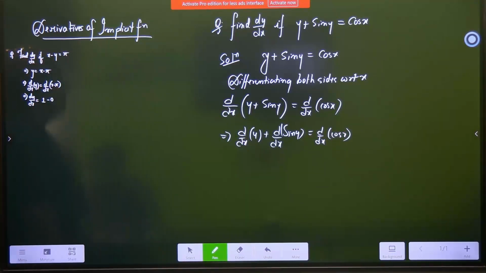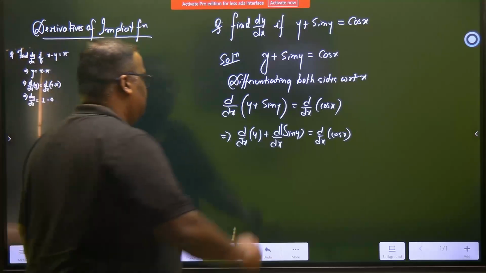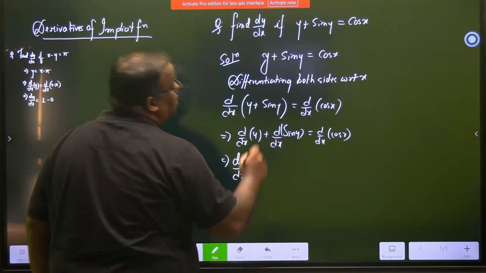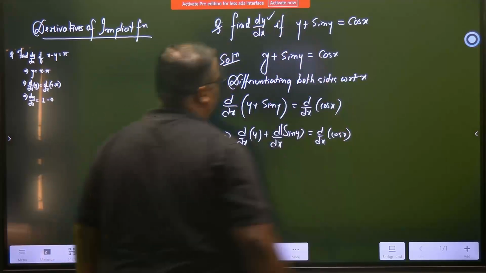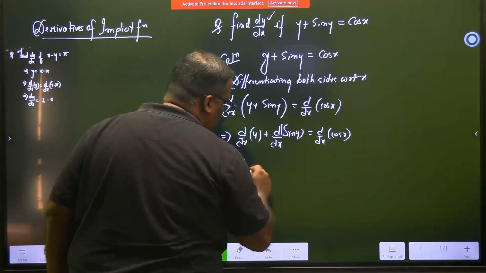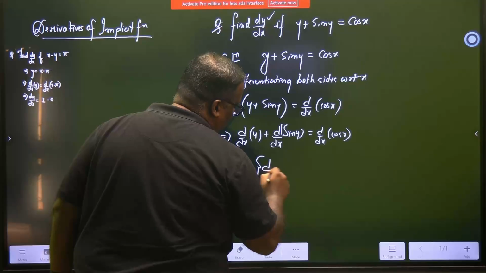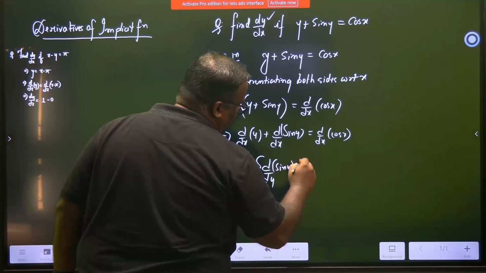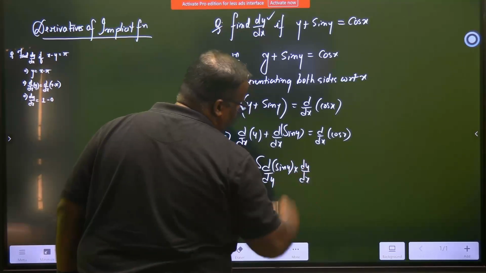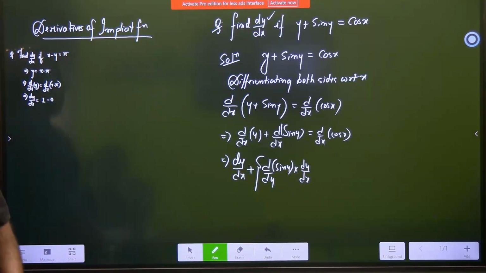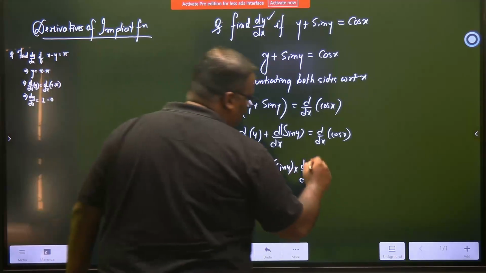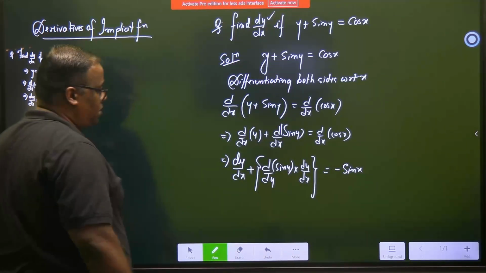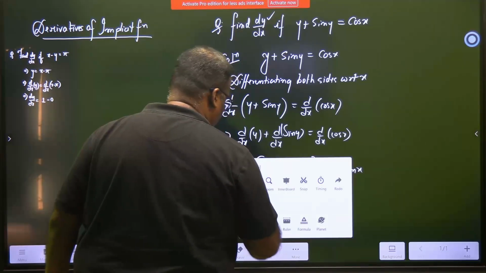Clear? No issues so far? d/dx of y is dy by dx, and this is what you have to find out. Now here we start using chain rule. So d/dx of sin y is cos y into dy by dx. Have you understood this step? We did chain rule, right? And this becomes equal to negative sin x. Clear?